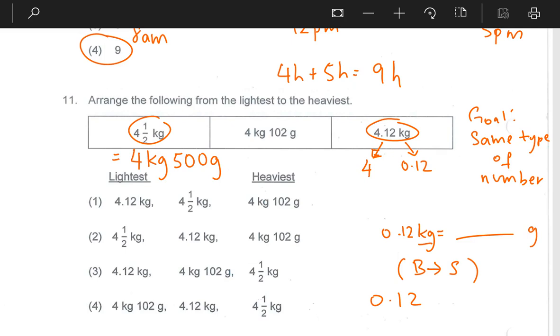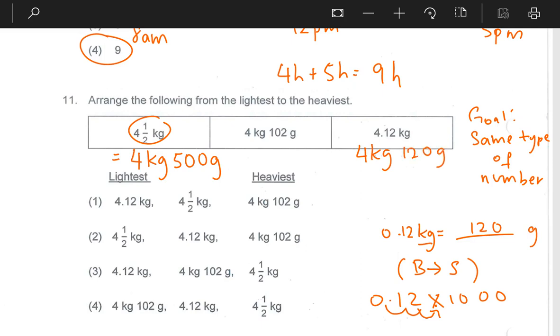So for a big unit to a small unit, I multiply by 1000. And to do that, I will shift the decimal point 1, 2, 3. This gives me 120 grams. So if I erase off all the mess, this is nothing but just 4 kg 120 grams.